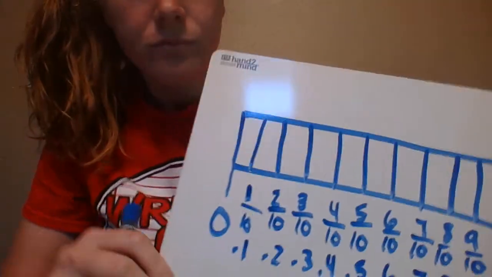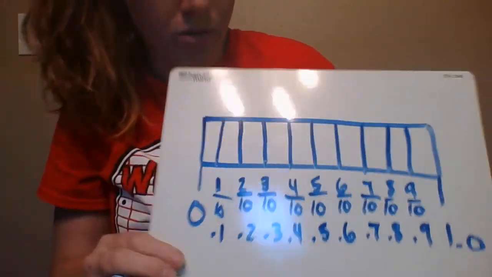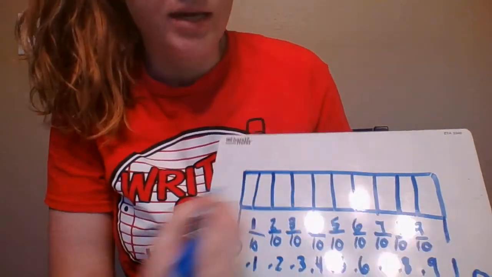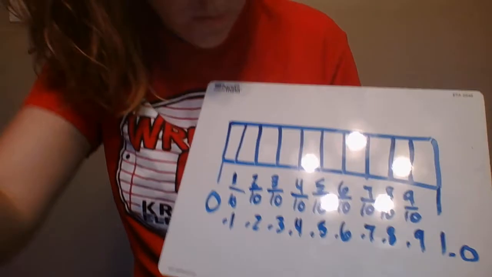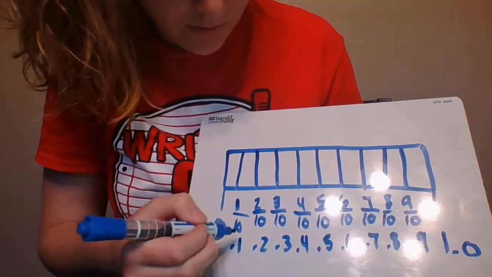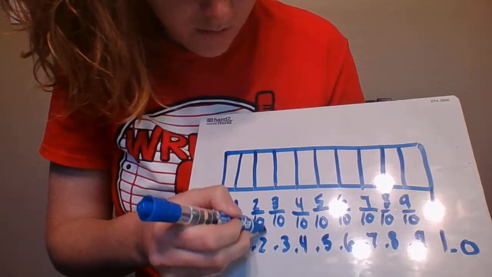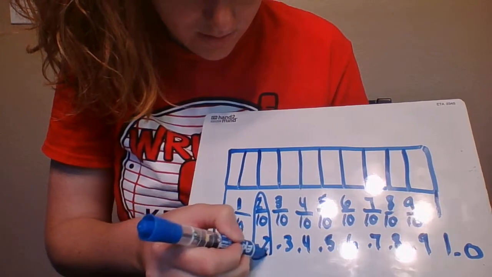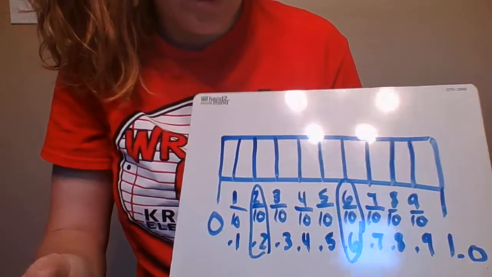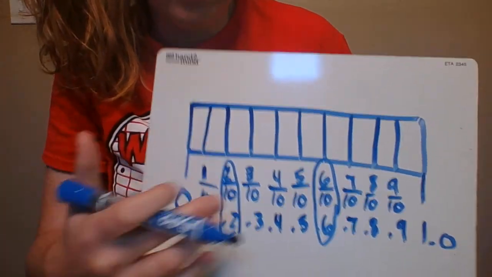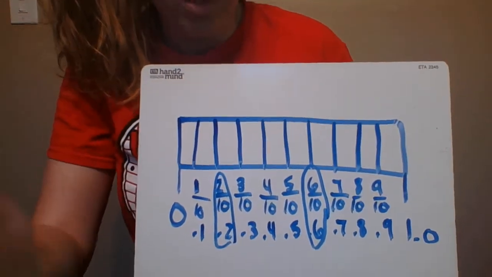All right, so next we're going to compare these fractions and decimals. So let's say we are going to compare 2/10 and 6/10. Which one is closer to being 1 whole?